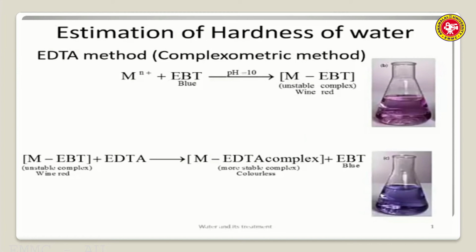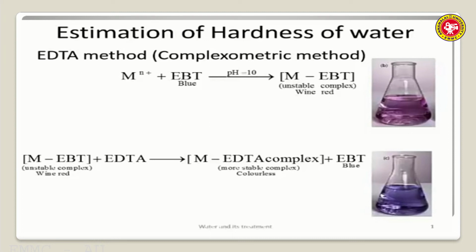This color I have shown here: metal ion Mn+, maybe calcium 2+ or magnesium 2+. When you add EBT as indicator and the pH is maintained around 10, the metal EBT complex is an unstable wine red color. You can see the color in the conical flask.